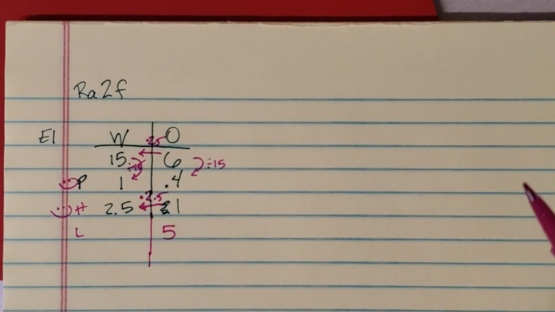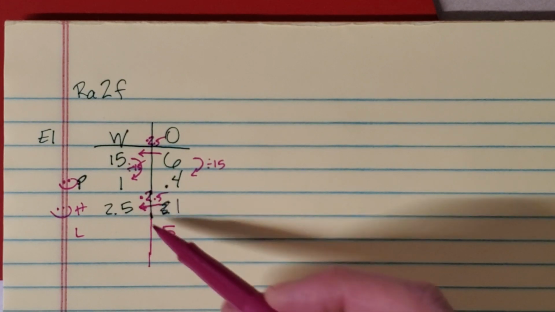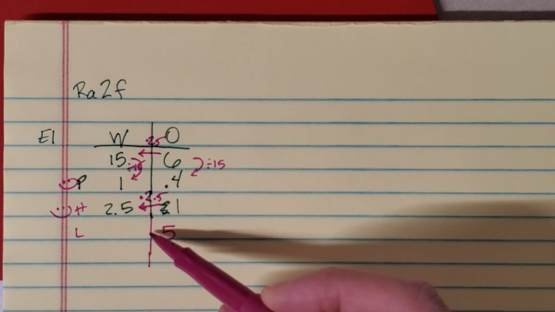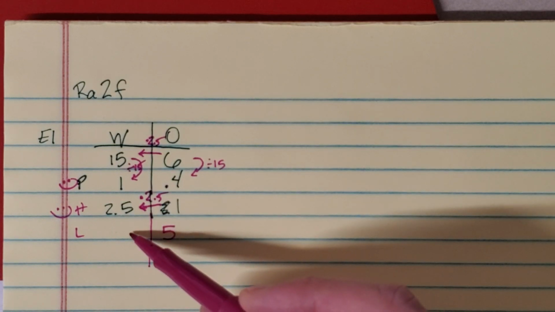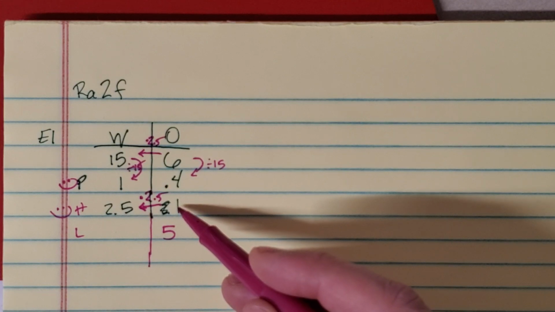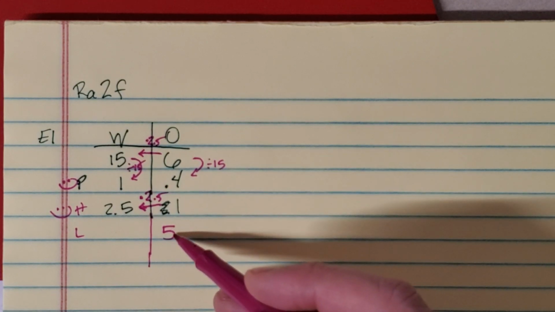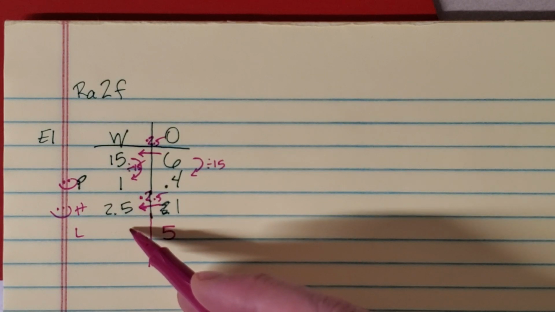Well, let's figure this out. We could go this way because we already know that if we take this number and we times it by 2.5, we should get how much water we need. Or here's a 1. Miss D said use 1s. 1 times 5 is 5. And we could do 2.5 times 5.